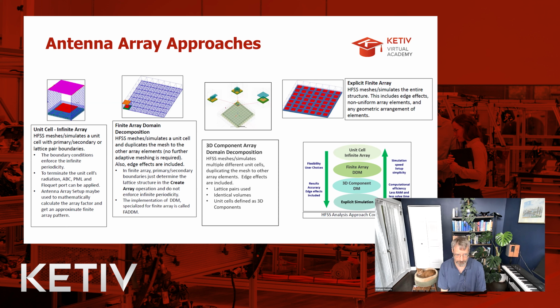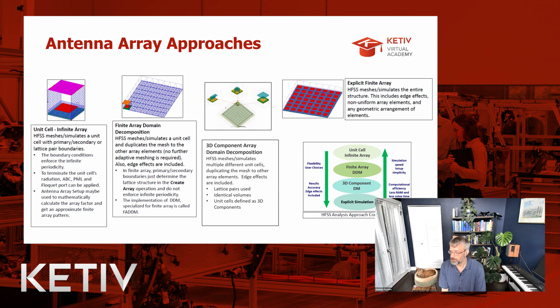Off to the far right is our explicit finite array. This is where you have the antenna array and you're simulating it explicitly, so each individual unit cell is explicitly modeled. You can have non-uniform array elements.